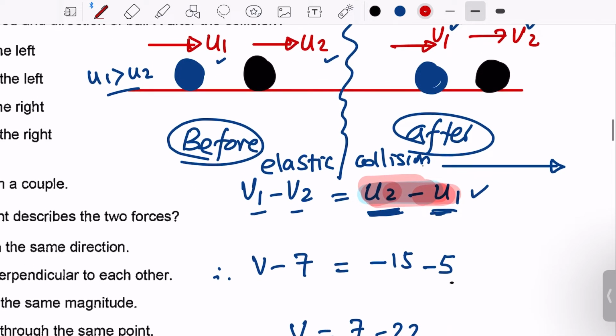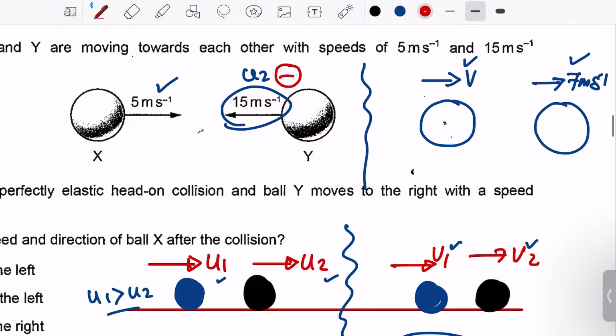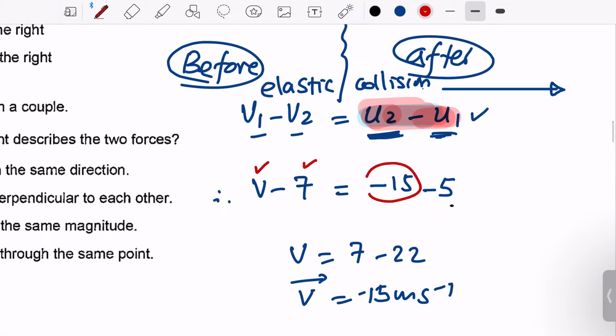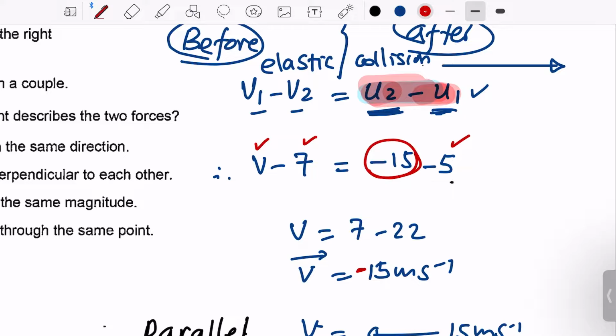Let's see. v1 minus v2 equals u2 minus u1. See what I did? Minus sign, minus 15 minus 5. From there I get velocity as minus 15. It means it's not going to the right, it's going to the left.